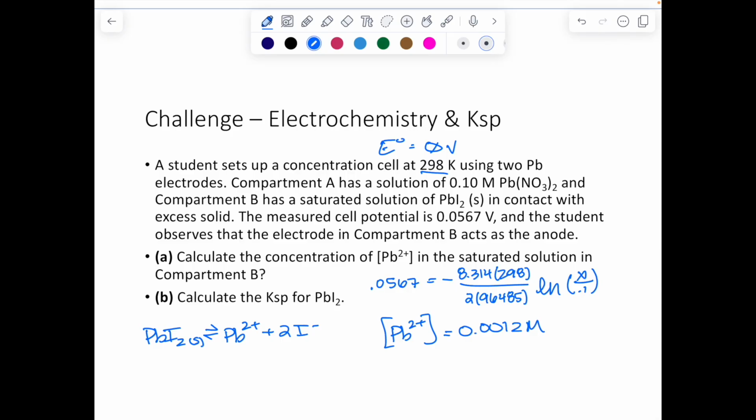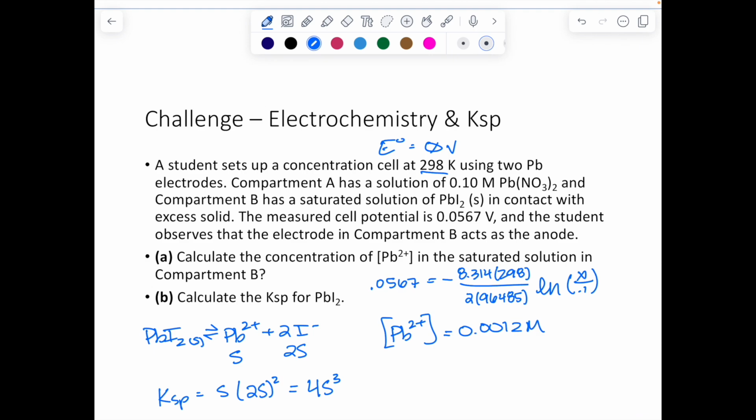And so the solubility of those is going to be S, and this will be 2S. And so our KSP is going to be equal to S times 2S squared, which is going to be equal to 4S cubed.